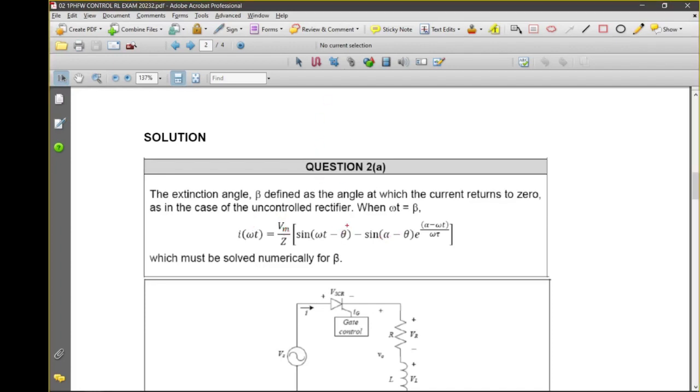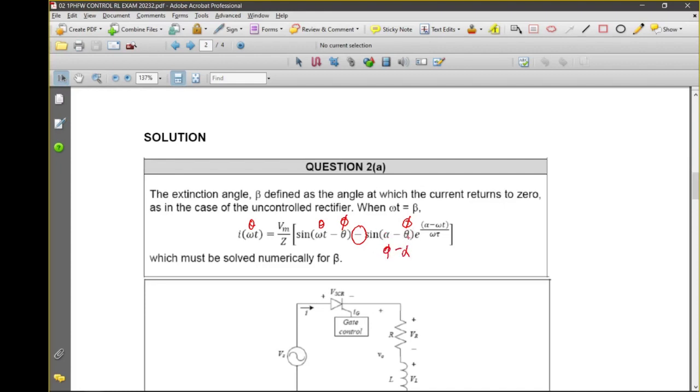So this is phi, this is phi, and this is theta, this is theta, and we have plus here because the equation is from alpha to theta. If we refer to my monograph, it is phi minus alpha.